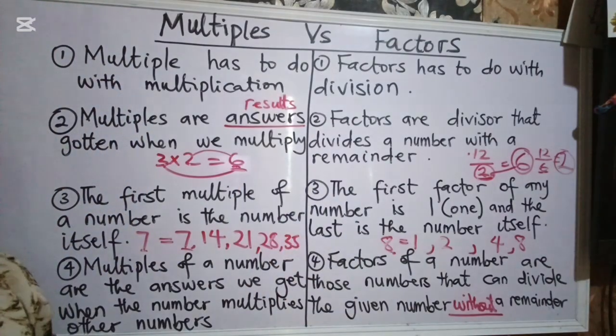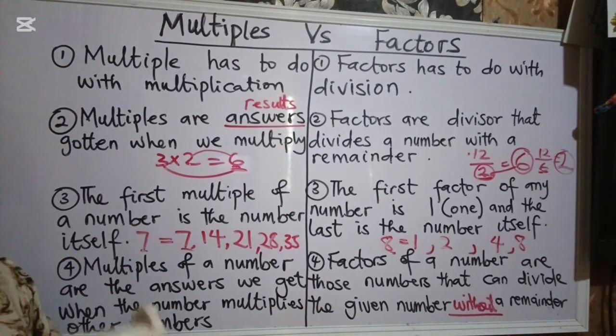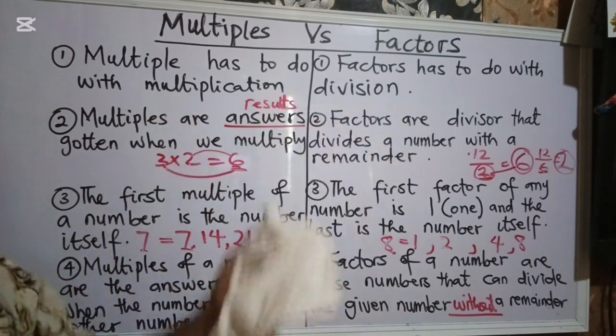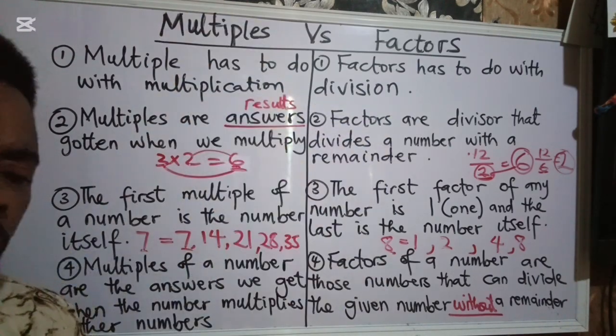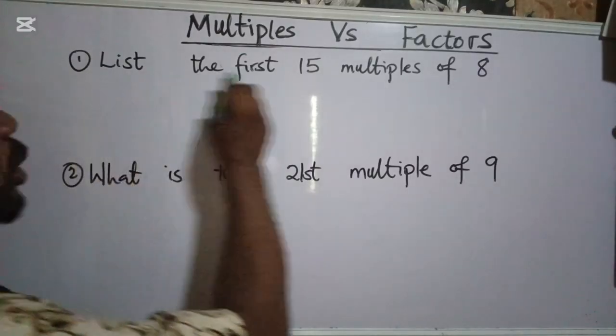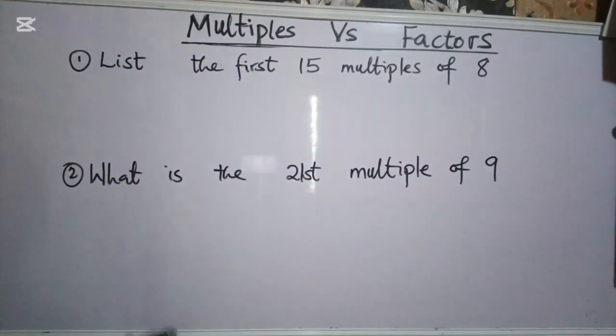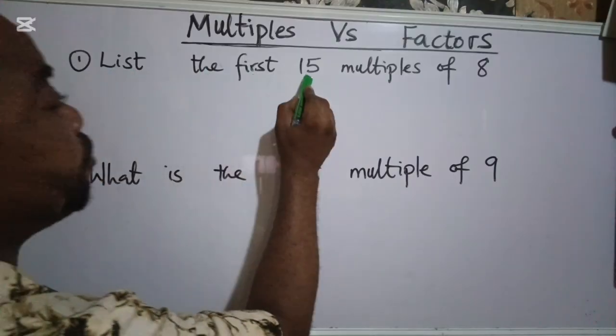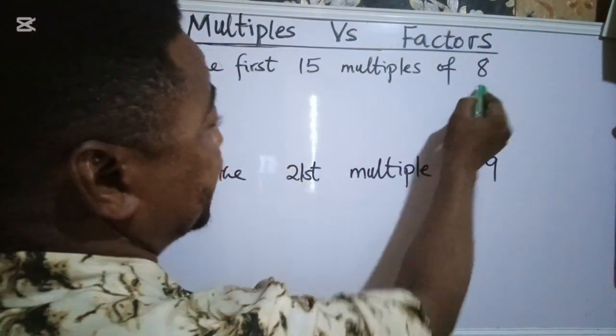Let us go to the workable aspect of this. Let's just try to list multiples of numbers and factors of numbers so that you can see how it works. All right, let us look at these two questions. The first one says, list the first 15 multiples of 8.